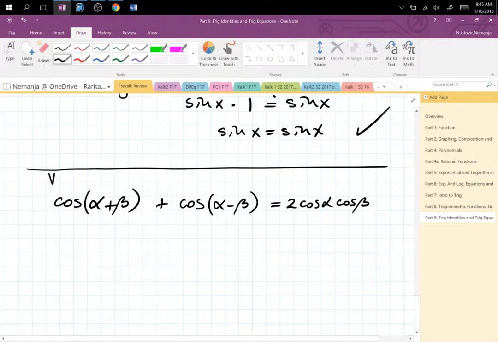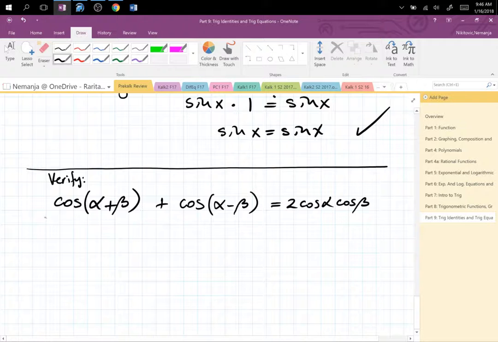Again, verify. You could use alpha equals 60, beta equals 30, and compute to see if that works out. But you just worked out one example out of infinitely many. So we work this out using the formulas. We expand the left-hand side and leave the right-hand side as is, and make sure that the left-hand side simplifies into what we have on the right.